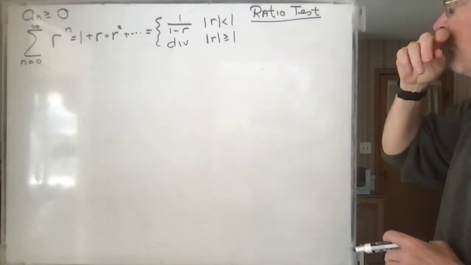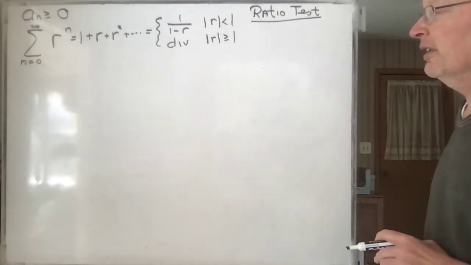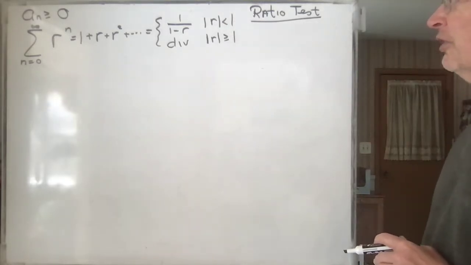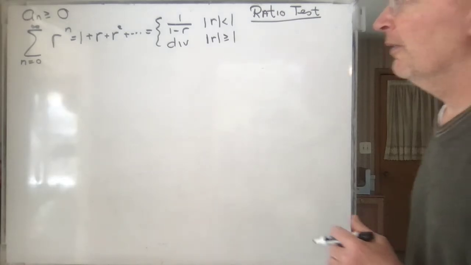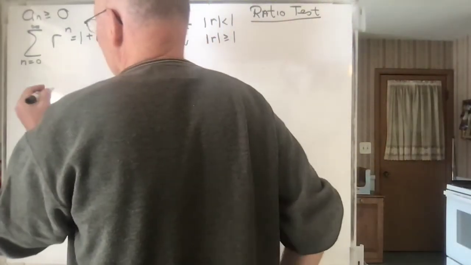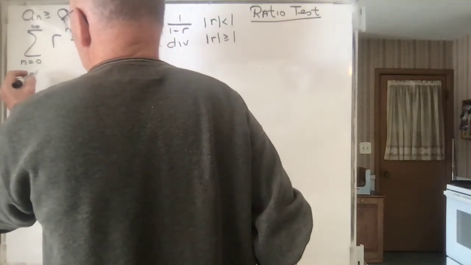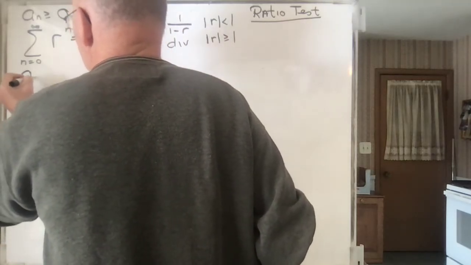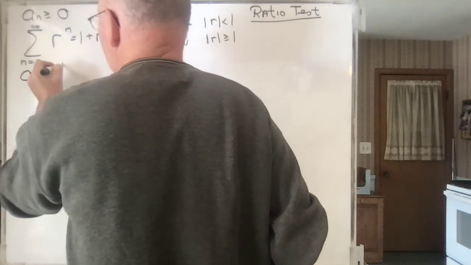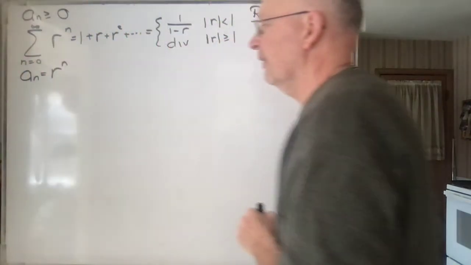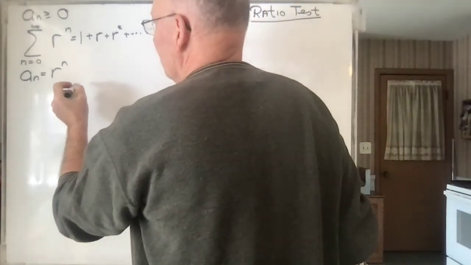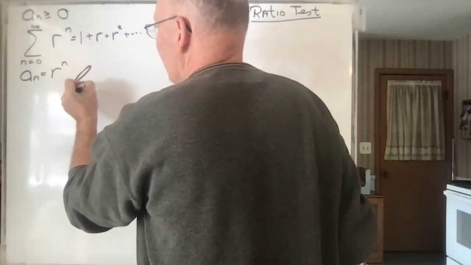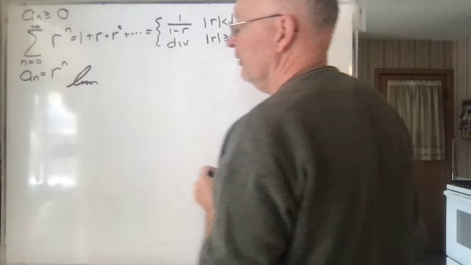Okay. So now, with that as kind of an introduction and rehash of the geometric series, let's look at another way of thinking about this that's going to generalize. Let's let our a sub n be equal to r to the n. That's this particular series. And so, given that, I'm going to rewrite the way I've got this expressed. Watch this.